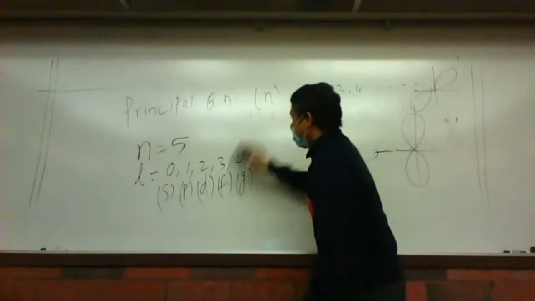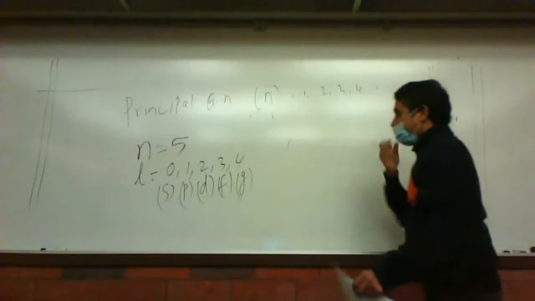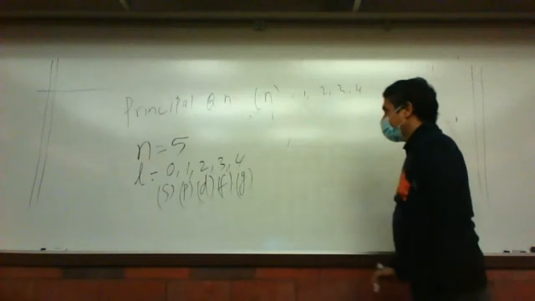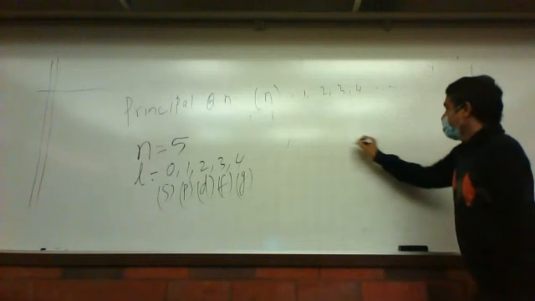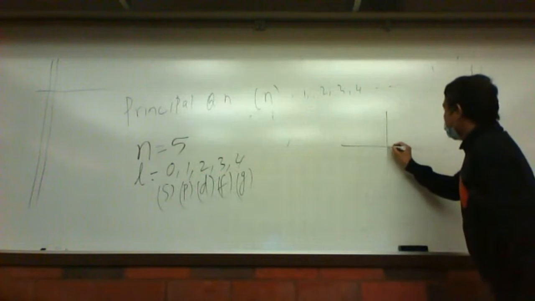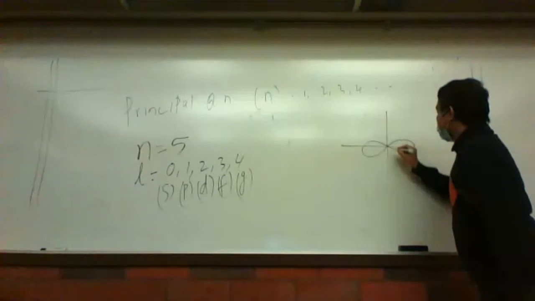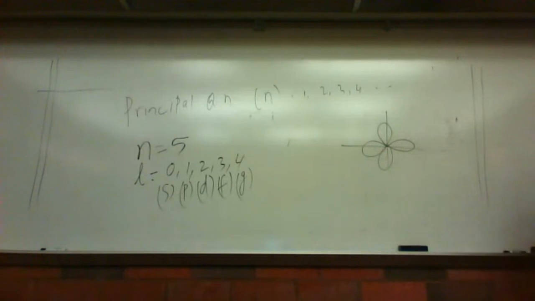If you have azimuthal quantum number 2, the shape of the orbital is a double dumbbell. Maybe this is one dumbbell and this is another dumbbell, so two dumbbells are attached to each other. Make sense?